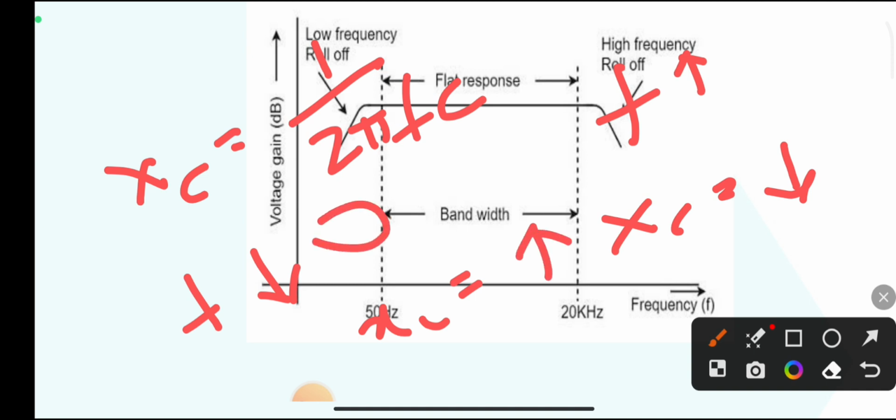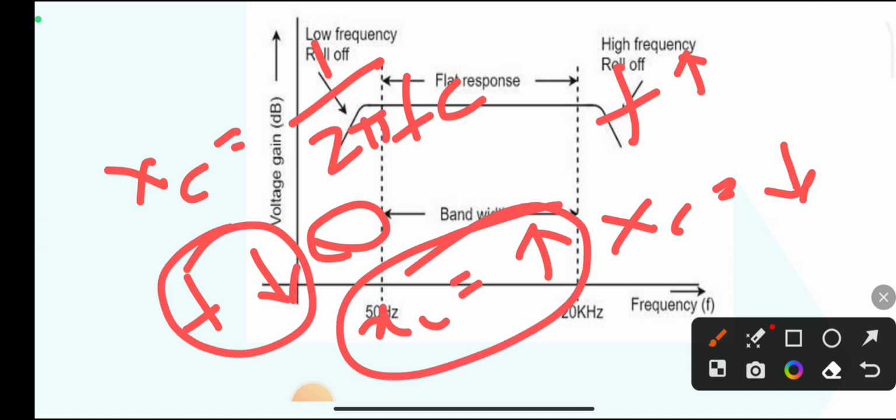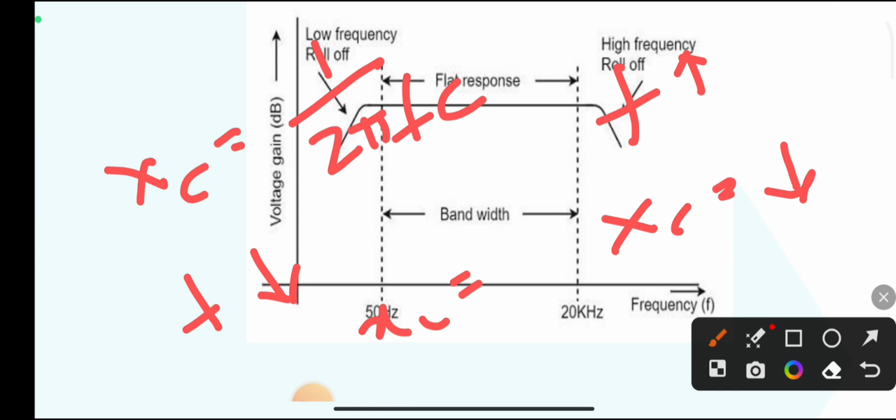At lower frequency in this region, F is very small, so XC becomes very high. So the capacitor offers high resistance to the lower frequency and low resistance to the higher frequency. Because of this, in the lower frequency region, the gain increases with the frequency.